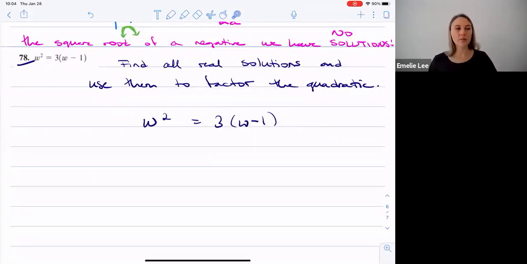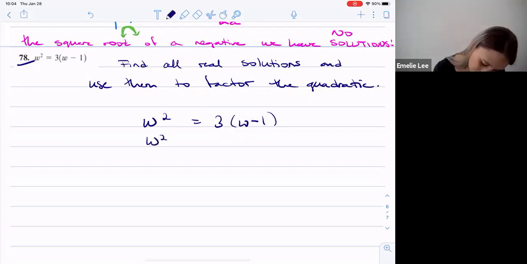Okay, so what I'm going to do here is just remember, so to find the real solutions of a quadratic, I have to set it equal to 0, right? I have to force it to be 0. So what I'm going to do is I'm going to expand this 3 out, and then I'm going to move everything over to the left-hand side, making 0 on the right-hand side. So I get w squared is 3w minus 3.